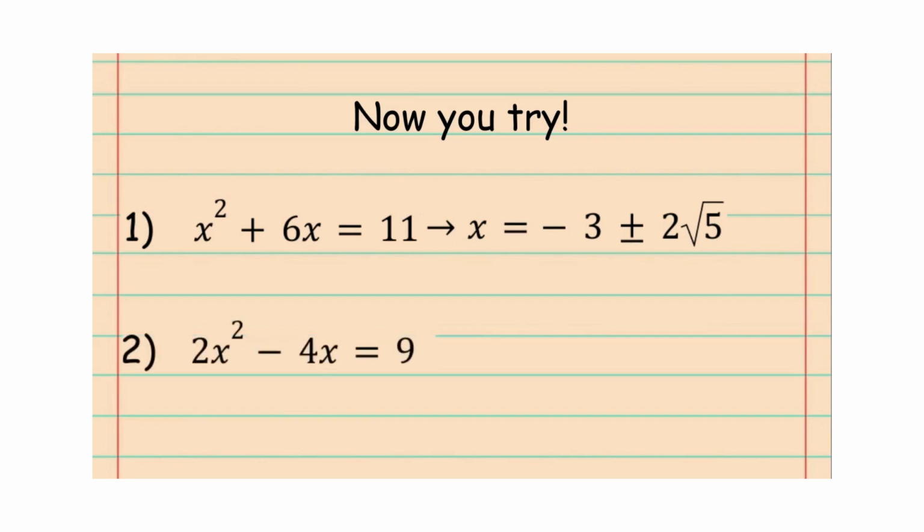Let's try another. 2x squared minus 4x equals 9 has that interesting wrinkle we just talked about. My leading coefficient needs to be 1. Consider how you would rectify that problem. Pause the video and try this one on your own.